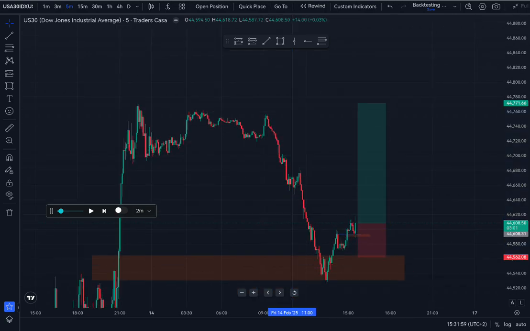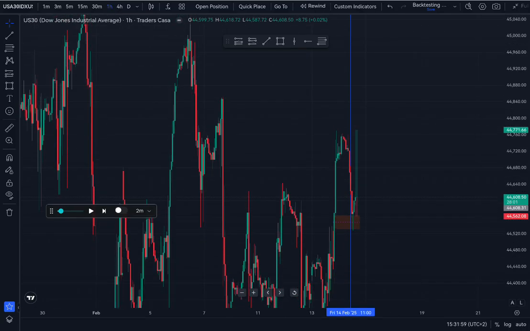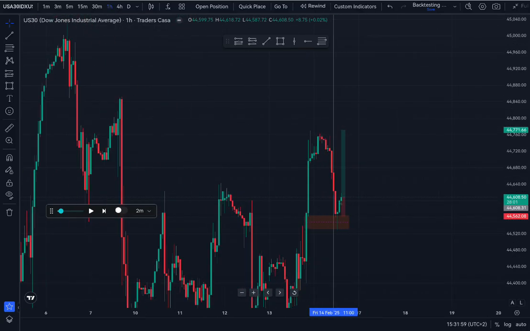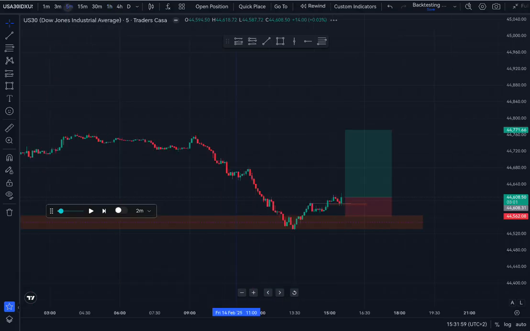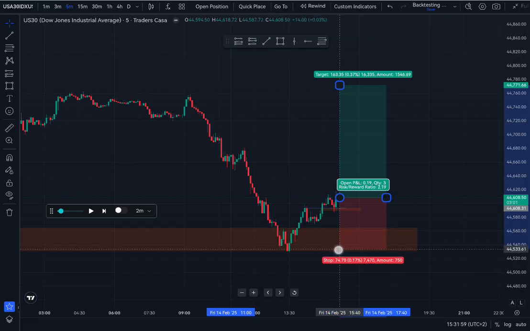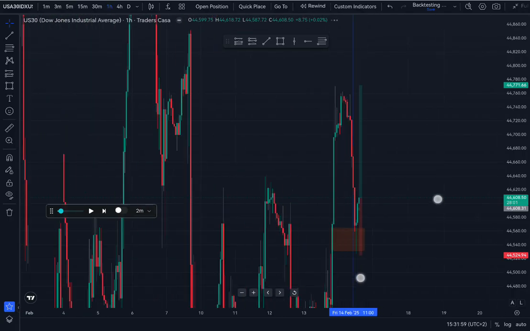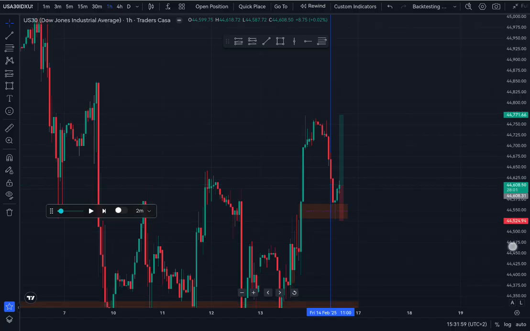Also, I need to make sure that I'm not cutting myself short on M5. Now my stop loss has to be at the swing low that was created on the higher time frame, on the 1 hour. That's a better protected swing low.